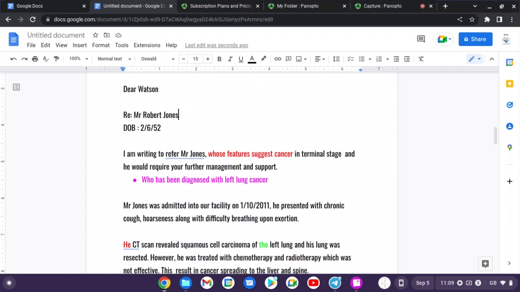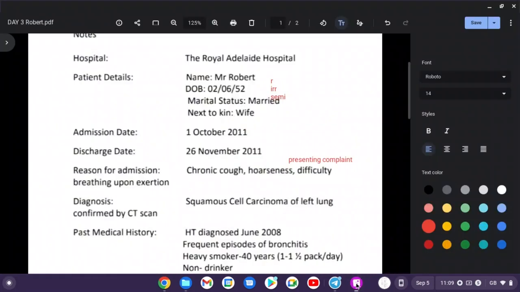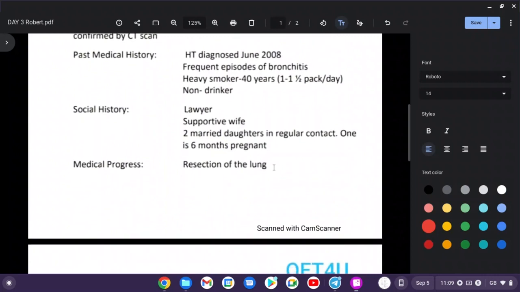Going back to the case note, is the lung resected or not? Medical progress: resection of the lung.